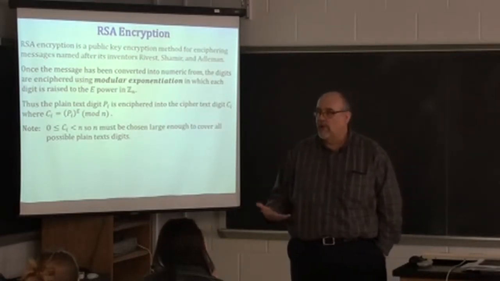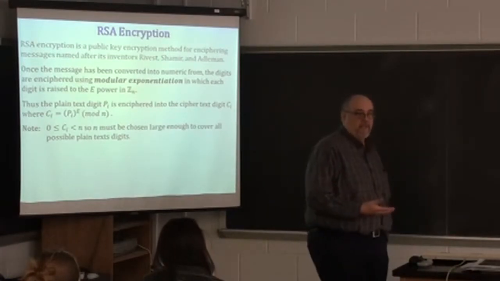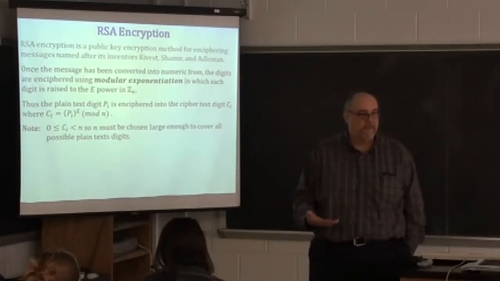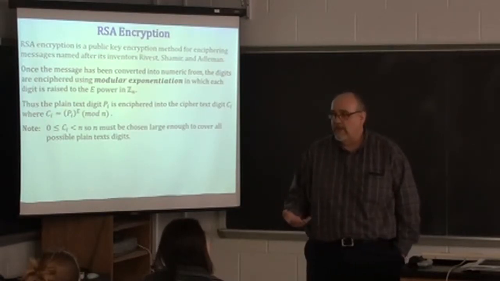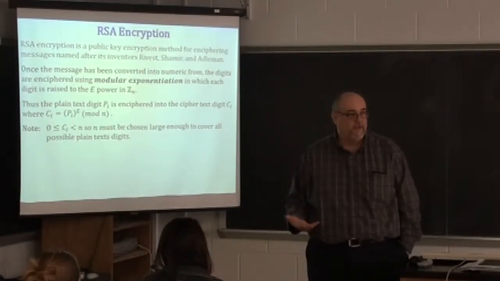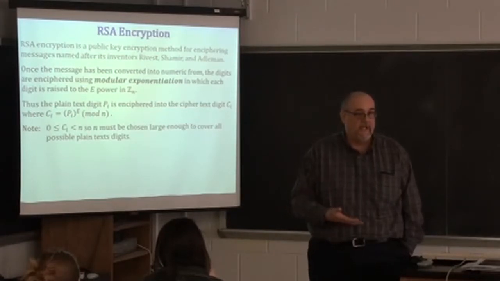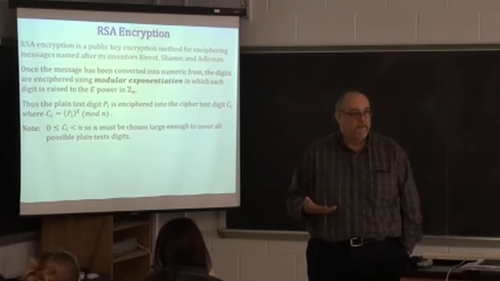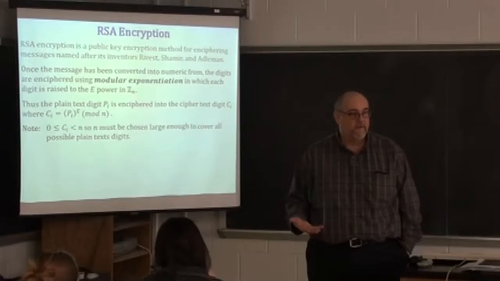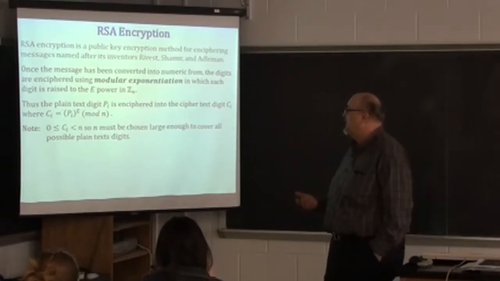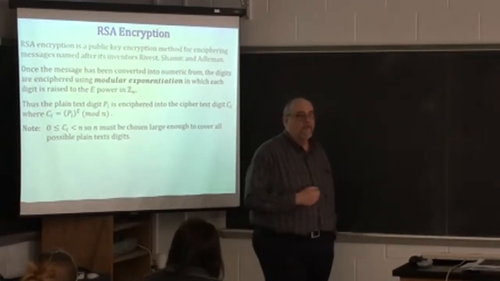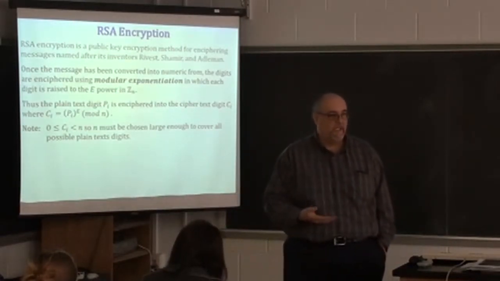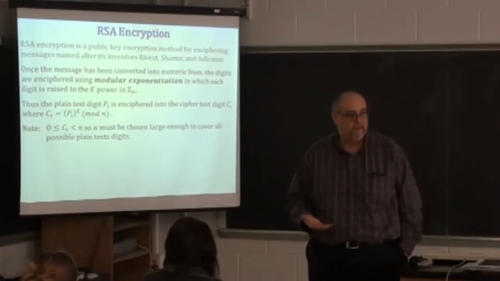Well, that won't work, because if an A and a Q both turn out to be the number 4, when you go to decode it, you have the number 4, and you need to figure out that that was either an A or a Q, but you don't know which one it was. So we have to make sure that the answers after we mod n cover all the symbols that we need coded.